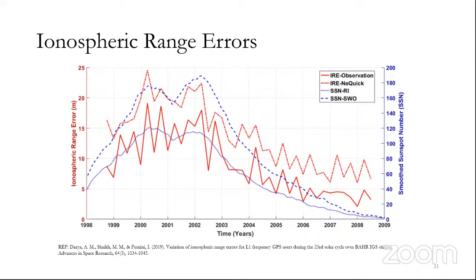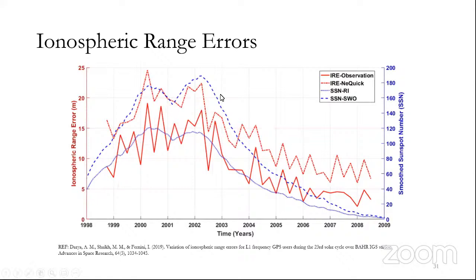So in blue, you'll find the number of sunspots. The higher the number of sunspots, the more active the sun is. And on the left, you'll find in red the ionospheric range errors. We have here two trends for ionospheric range errors: the upper dotted line, and the lower solid line.